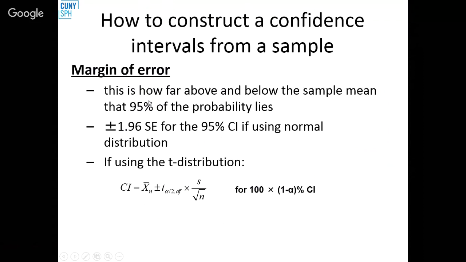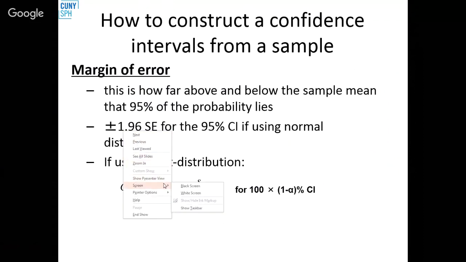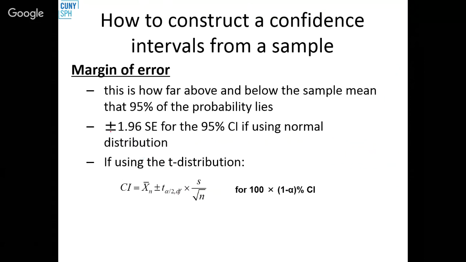If the sampling distribution is normal, like for a large sample, and particularly when the standard deviation is known and not estimated from the sample, the 95% confidence interval is 1.96 standard deviations above and below the mean.